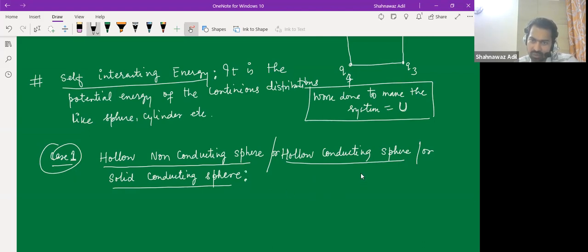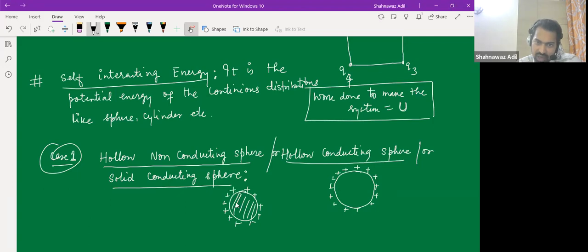Okay, so we have this hollow non-conducting sphere. All the charges reside on the surface of the sphere. For the case of a solid conducting sphere as well, all the charges reside on the surface of the sphere.